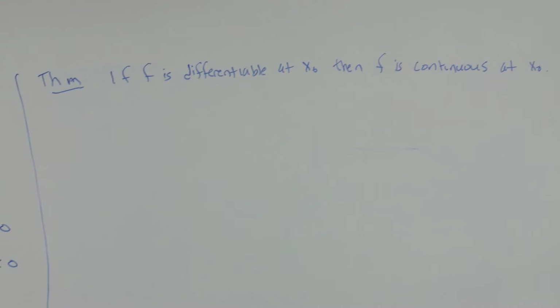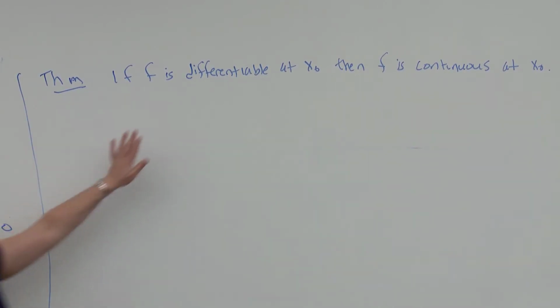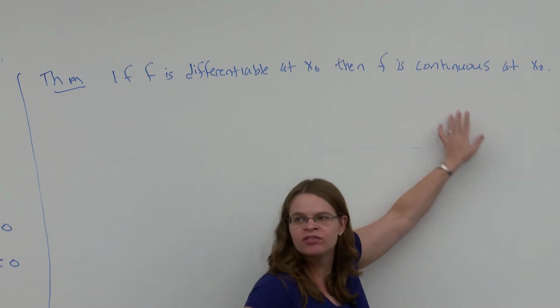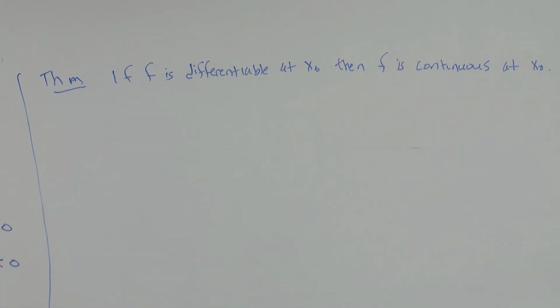This is a one-way implication, right? Differentiable implies continuous. You cannot take this in reverse. We just did an example where we showed we cannot take this in reverse. Somebody will get tripped up on this at every exam, and I'm telling you now, don't get tripped up on this. This is a one-way implication.